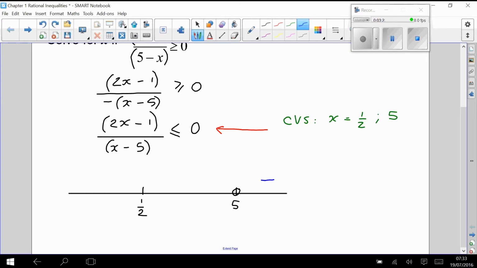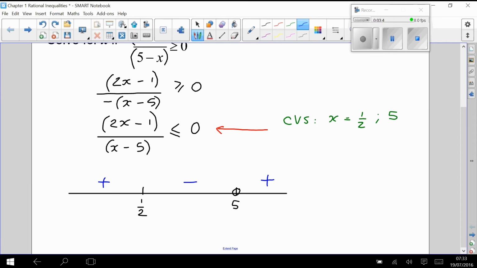It'll always be a plus. If your factor had not been repeated, you do not repeat the sign. So I start with a plus, my next interval must be the opposite sign, a minus, and the next interval, once again, the opposite sign, which is a plus.